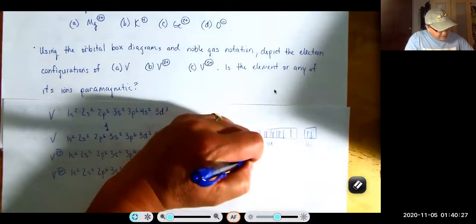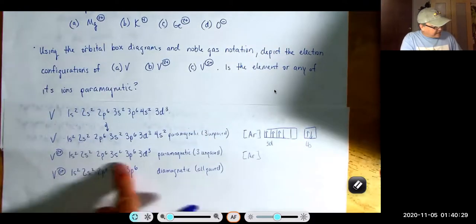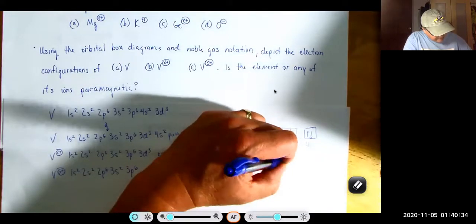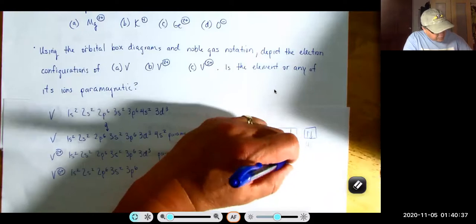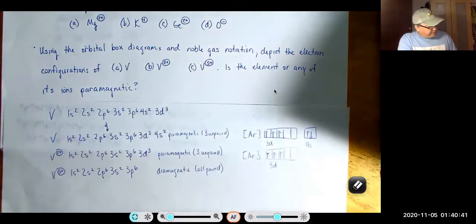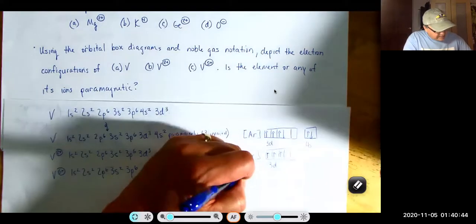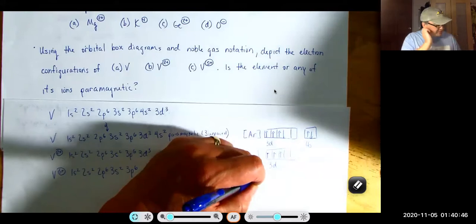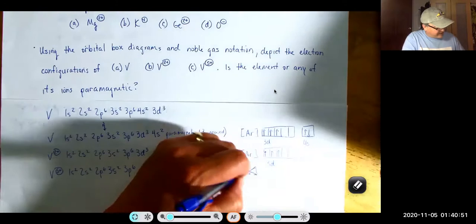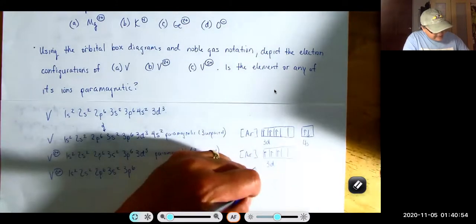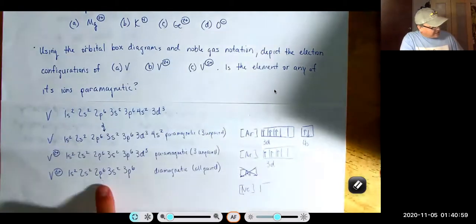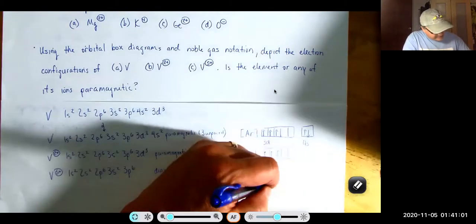Vanadium plus 2 would be argon. And here we would write 3d3. 1, 2, 3. So there's vanadium plus 2, and then vanadium plus 5. Well, this is not really what you would write. You would write this, neon, and then you'd make a 3s2 and a 3p6.